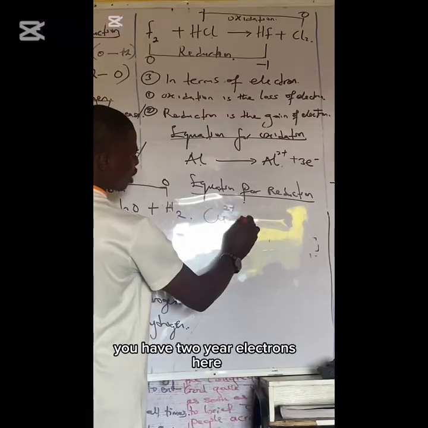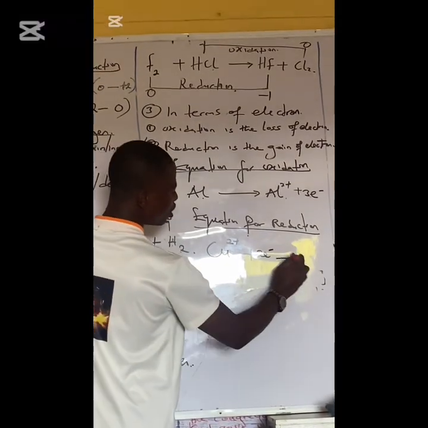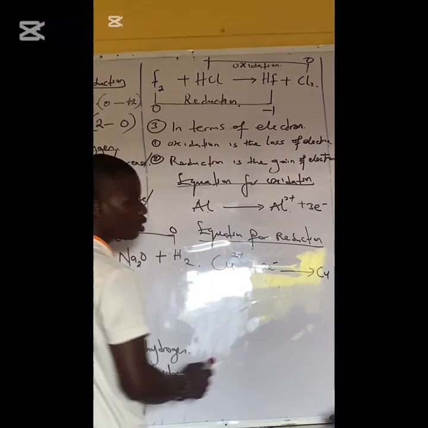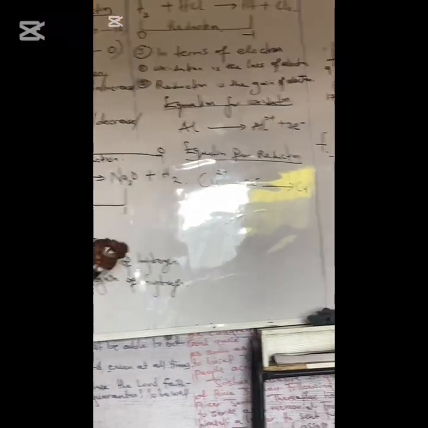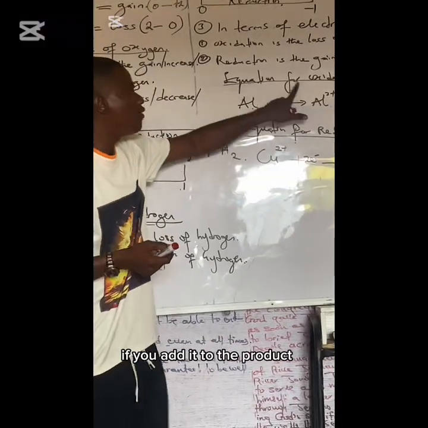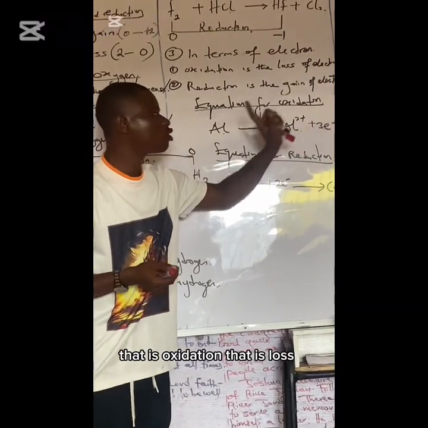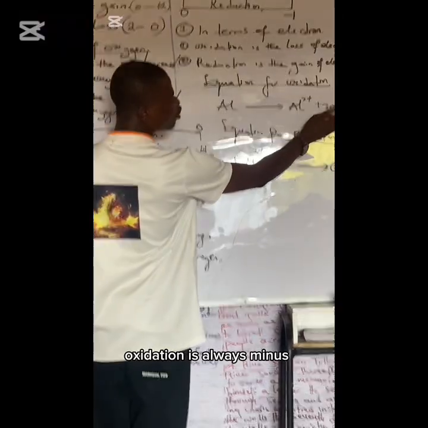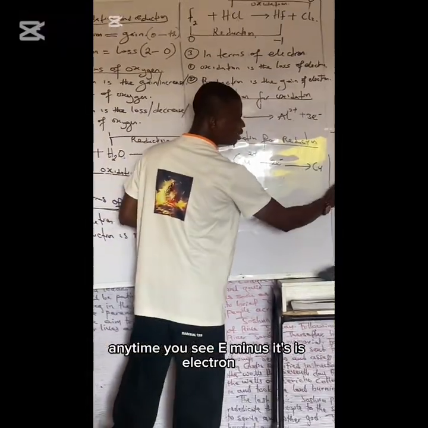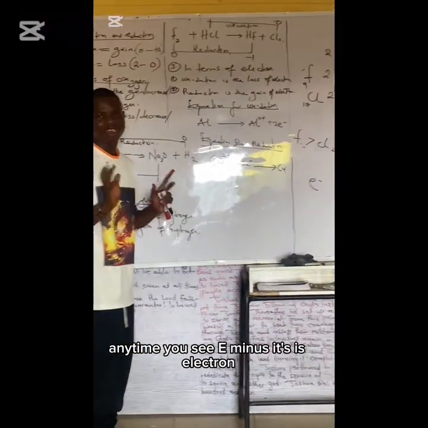Then you want to balance, you have 2 electrons here. It's called Cu. This one is gain. So if you add it to the reactants, you are dealing with reduction. If you add it to the product, that is oxidation, that is loss. And how do I write e minus? Because electron is always minus. Anytime you see e minus, it means electron.